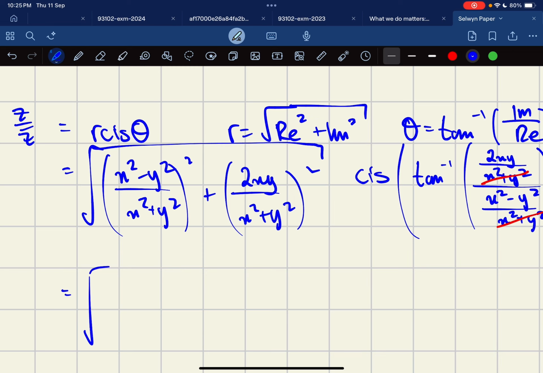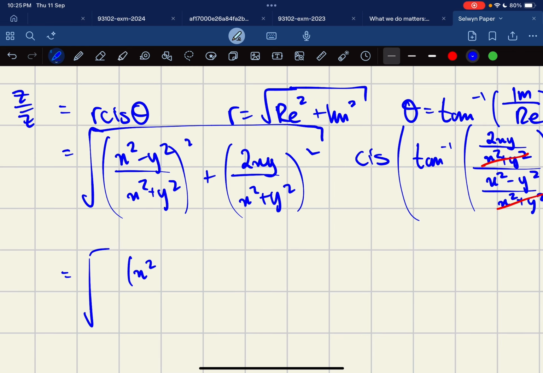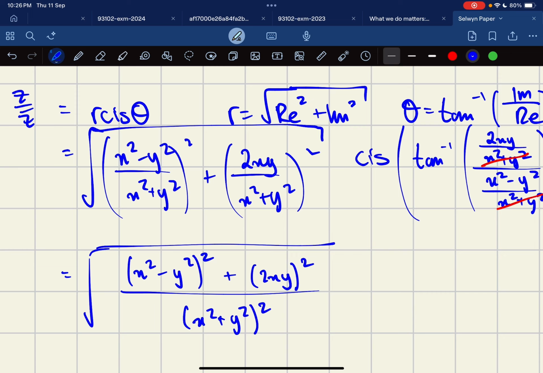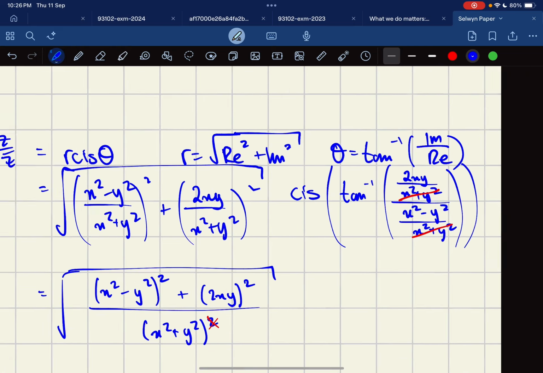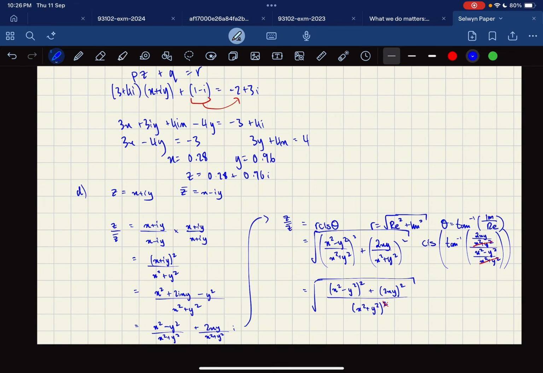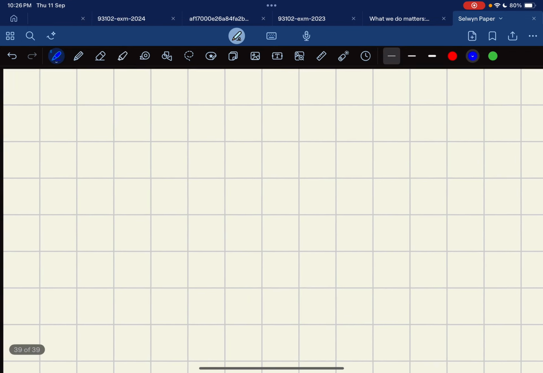The top would look like x squared minus y squared, squared, plus 2xy squared, over x squared plus y squared squared. And this square and the square root can cancel each other out, and we can reduce the square root down a little bit. So let's continue this over the next page.